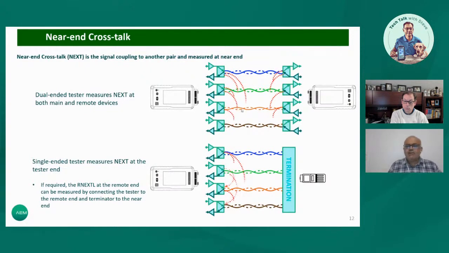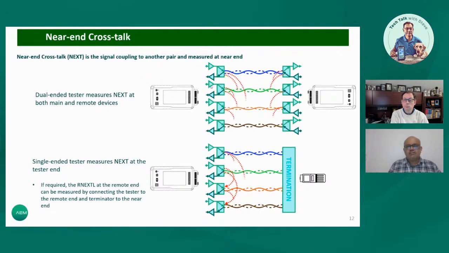So here you can see with the arrows that the signal is transmitted from one end and it is coupled into other pairs, which is actually undesired, right? We want the signal to go straight on that pair and not go to other pairs.